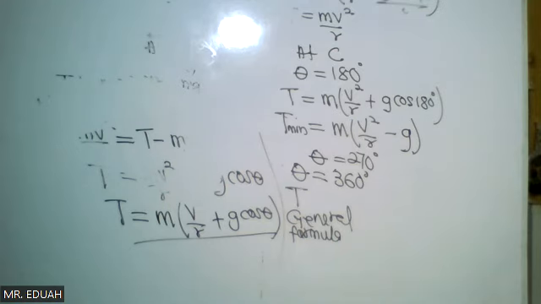An object of mass 8 kilogram is whirled round rapidly in a vertical circle of radius 2 meters with a constant speed of 6 meters per second.